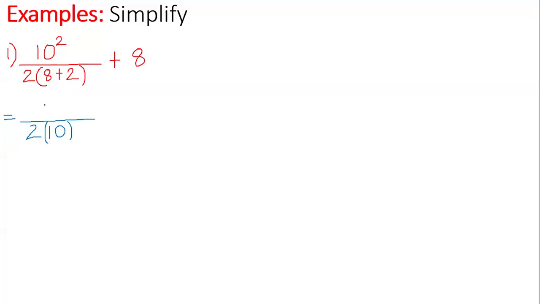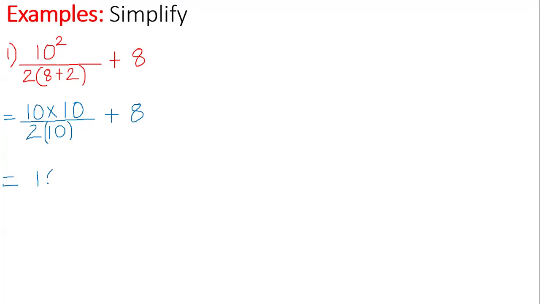What is 10 squared? 10 squared is 10 multiplied by 10, plus 8. What is 10 times 10? 100.